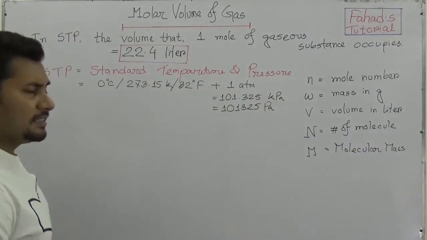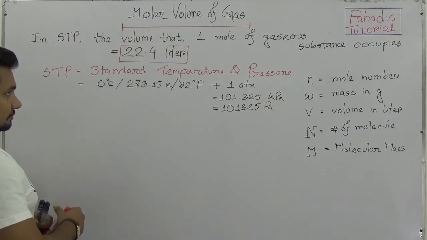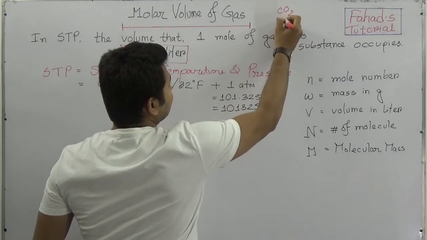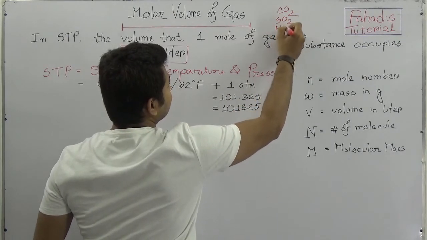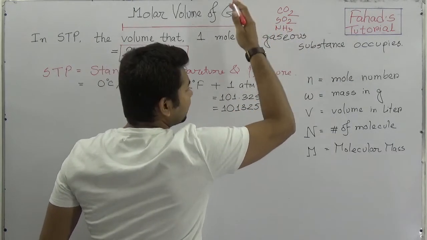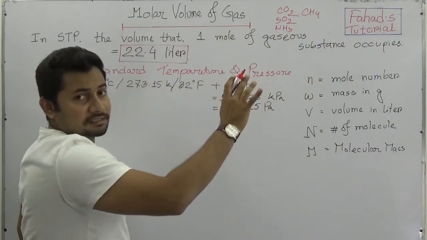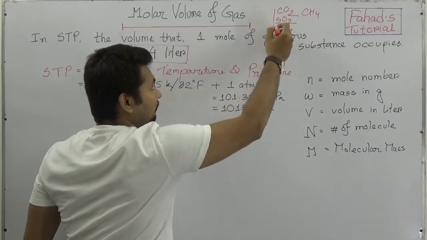Now we think about some gaseous substances, like carbon dioxide, sulfur dioxide, ammonia, and even methane, which are very common gases. Think about these 4 gases.